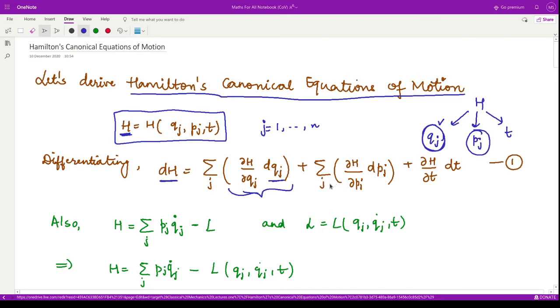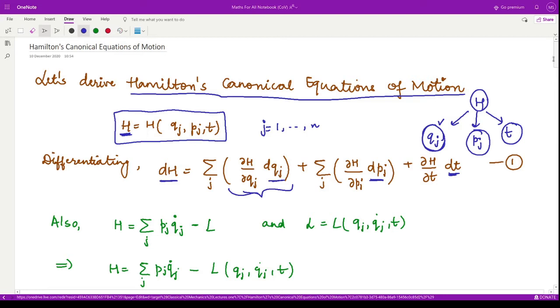Next we take the derivative of h with respect to pj's, and then the derivative for pj, and then the derivative of h with respect to time, and then the derivative for time. Here these terms are partial and this is the complete derivative. Mark this as equation number 1.